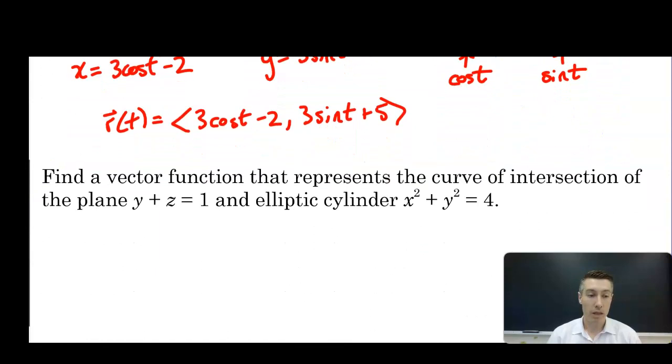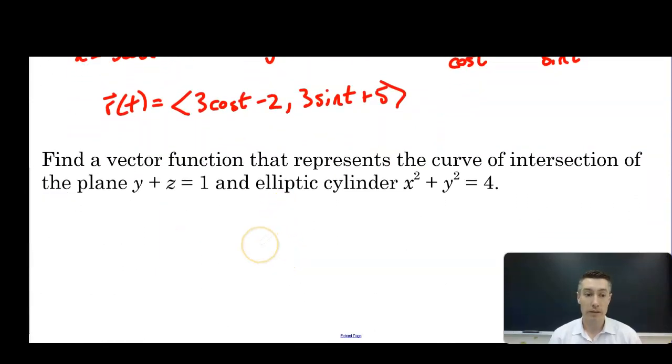Now, stepping this strategy into 3 space, find a vector function that represents the curve of intersection of the plane y plus z equals 1 and elliptic cylinder x squared plus y squared equals 4. Okay, so the cylinder, the elliptic cylinder in particular, is going to force us to use the Pythagorean identity in order to parameterize, right?